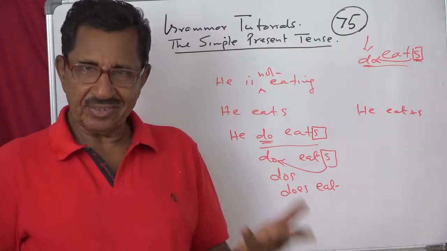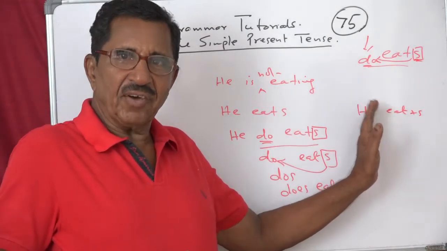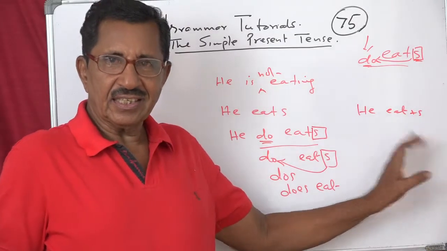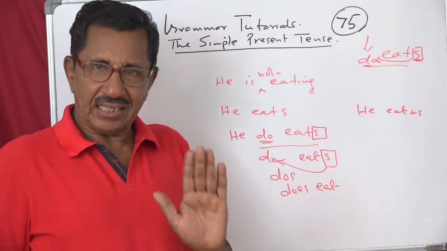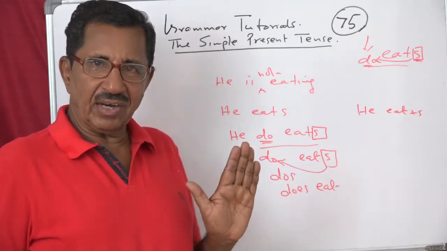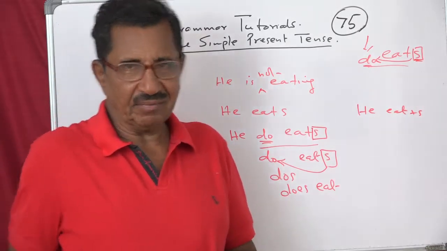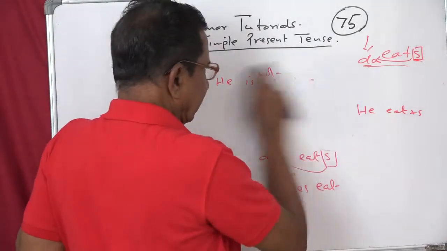Or another way of saying that is, if there are two members in a verb phrase, the tense marker is always attached to the extreme left element in the verb phrase. Same thing. I will repeat this. That is very, very important.